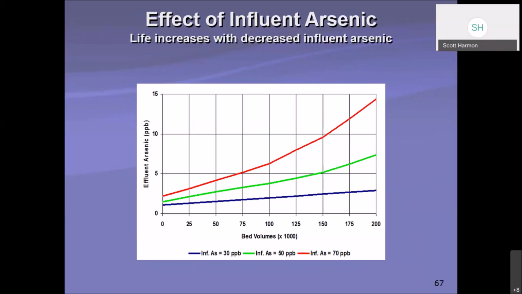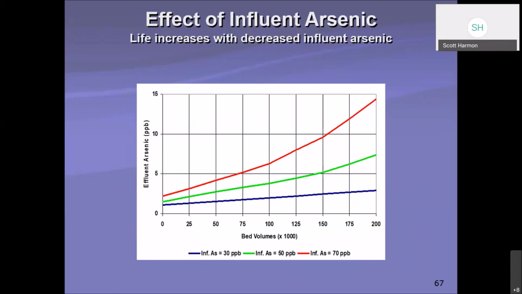So here's just an overall graph of the effluent arsenic levels based on the bed volumes that your treatment would flow through. So you can just take a rough look at that. The blue line, if you can't see it, is an influent of 30 parts per billion.